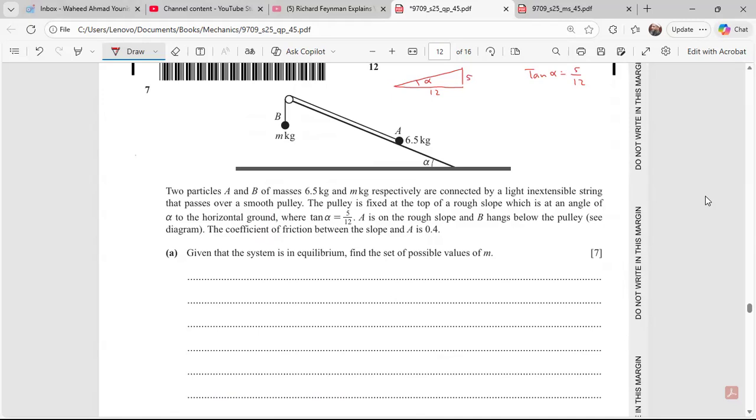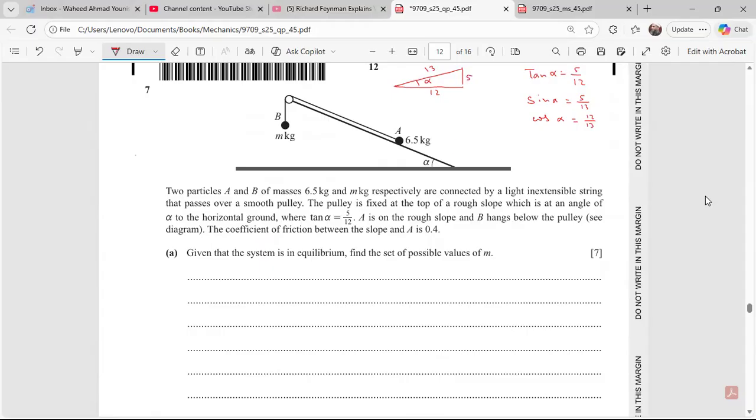Using Pythagoras theorem, the hypotenuse is going to be 13. So sine of alpha is going to be 5 by 13, and cosine of alpha is going to be 12 by 13. We will use these values as calculated in advance.